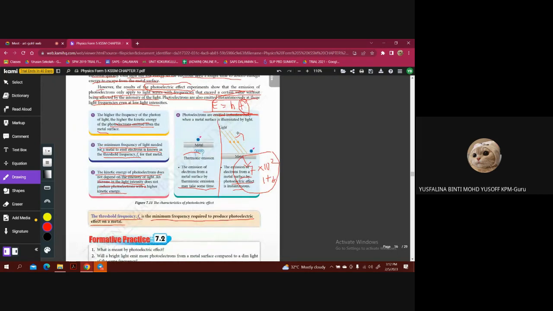If the frequency of the light is only 7 times 10 to the power of 2, that is only enough for the threshold frequency. It means the energy is only enough to make the photoelectrons come out from the metal surface, but for the photoelectrons to move, they need more energy. What you apply is only enough for them to come out of the metal surface.